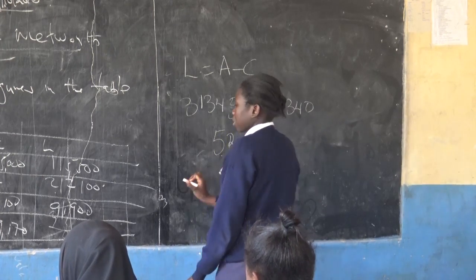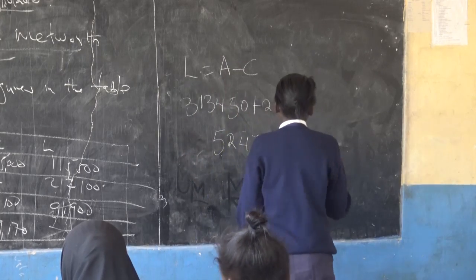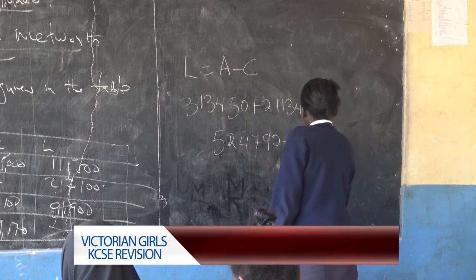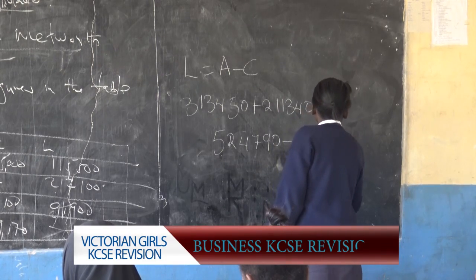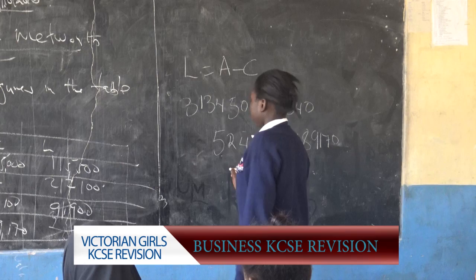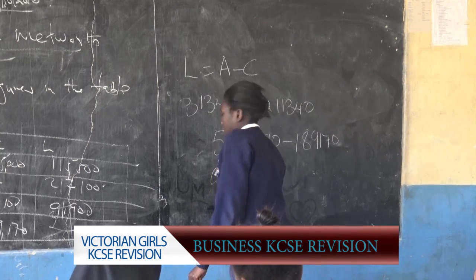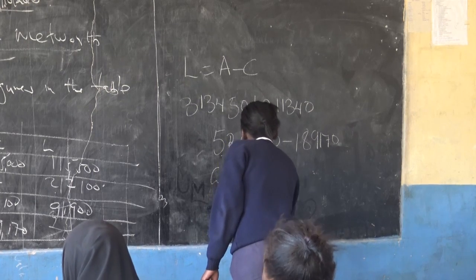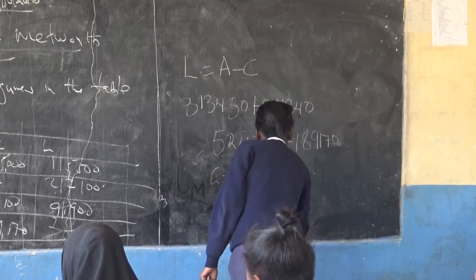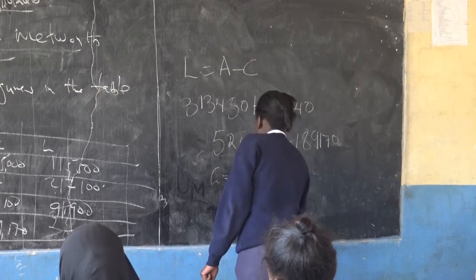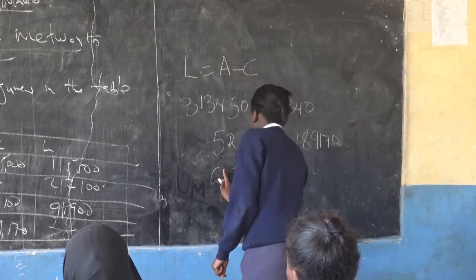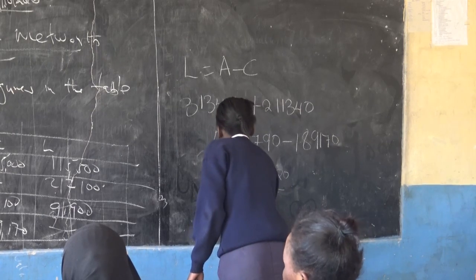We're going to subtract capital. It is 189,170 shillings.